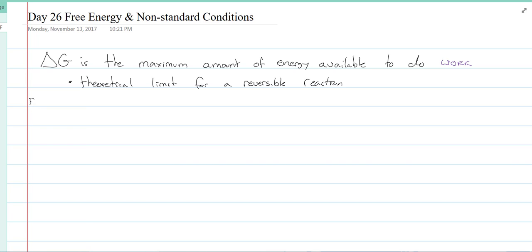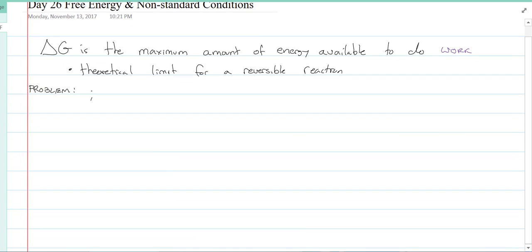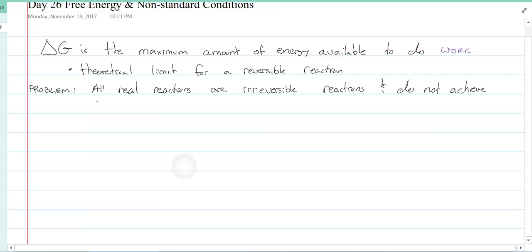This leads us to our first problem. All real reactions are irreversible reactions and do not achieve the theoretical limit of available energy.